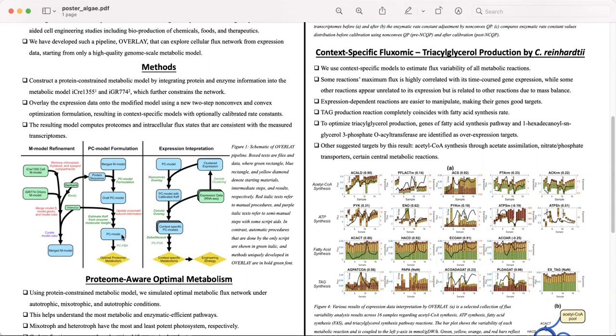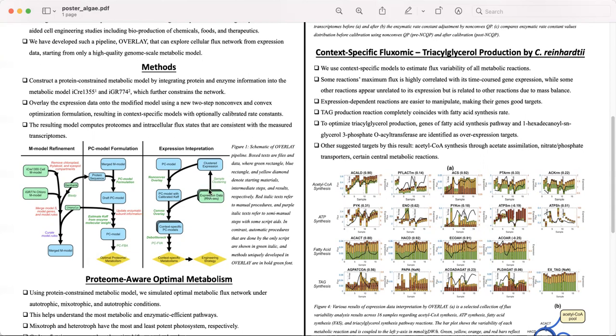It's not only metabolic, and from that we can get the protein constrained optimal solution, the optimal metabolism, without any expression data.